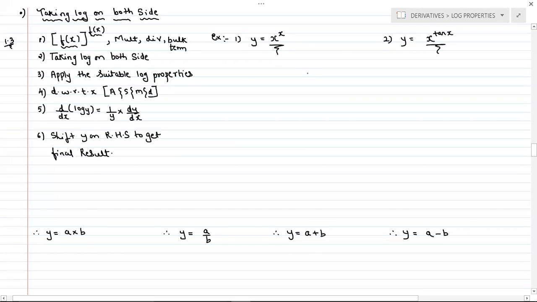There are 5 functions, yes or no? First one is log, then inverse, algebraical, trigo, and exponential. When one function is there and the power is also a second function, like logarithm raised to algebraical, or algebraical raised to logarithm, or algebraical raised to trigo, trigo raised to algebraical, this pattern is known as what?